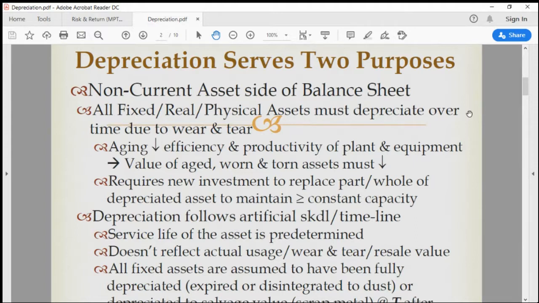Now, of course, the manufacturer would give you a warranty, like 5 years, 50,000 miles, 10 years, 100,000 miles. Does that mean it is a service life? Once again, the manufacturer's warranted service life is different from the service life pre-designated by the IRS. And the service life predetermined by the IRS is much shorter than the manufacturer's warranty service life.